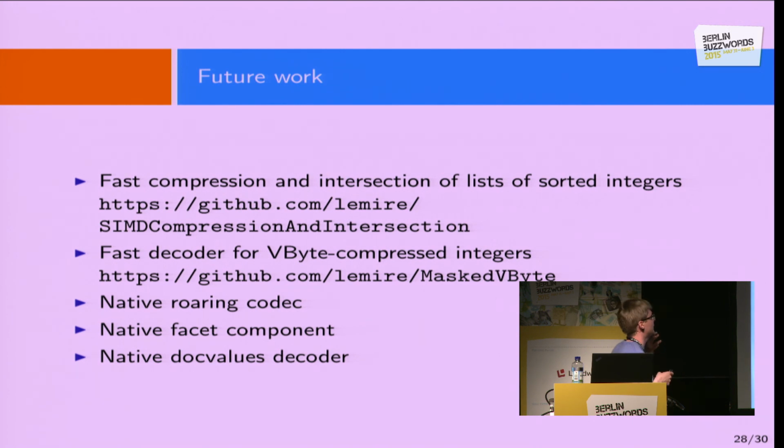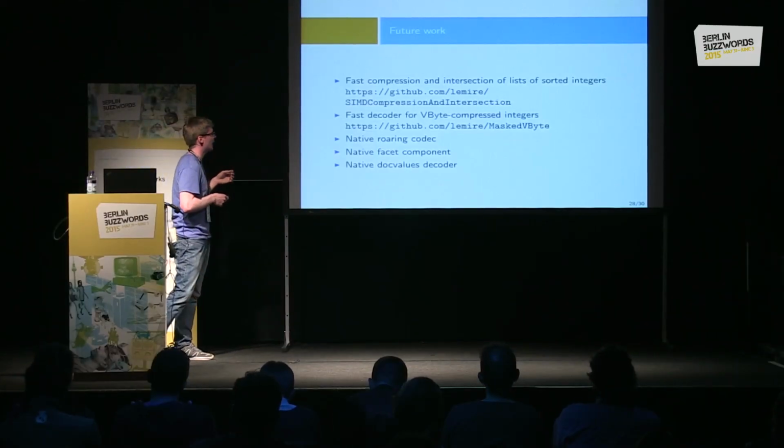Also, Daniel Lemire provides a fast decoder for variable byte compressed integers. It also speeds up variable byte decoding. Also, Daniel provides a native roaring codec, which is implemented in Java in Lucene, but we can speed it up by using a vector implementation. Also, we have some ideas on how to implement a native facet component. It can be done in a bitwise manner and vectorized. So it also can speed up our application.